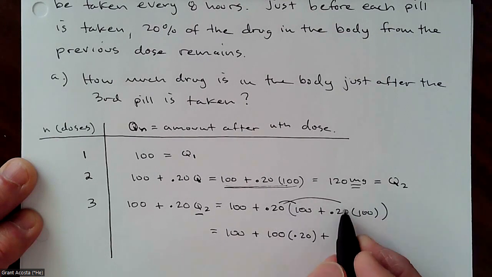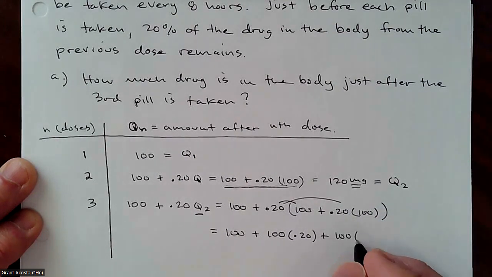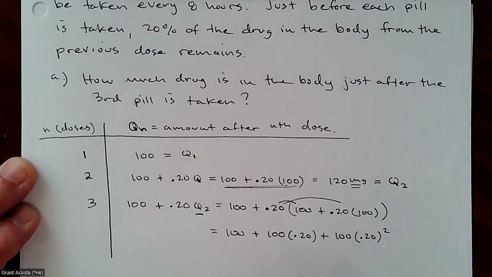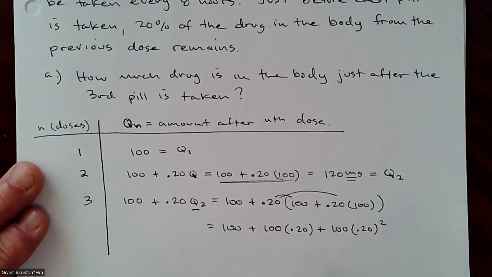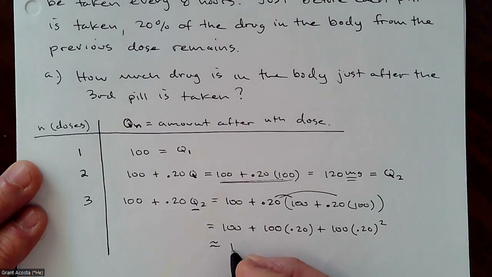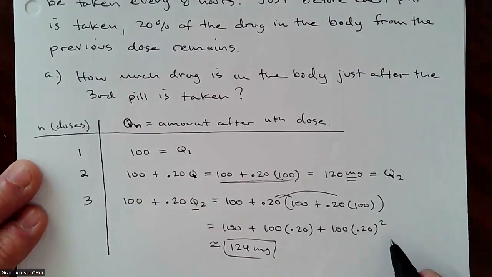And then 0.2 times 0.2 times 100 is 100 times 0.2 squared. And if you do this on a calculator, you're going to end up with 124 milligrams. So that is the answer to part 3. And this would be Q3.